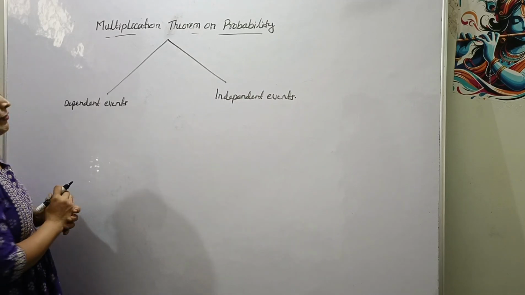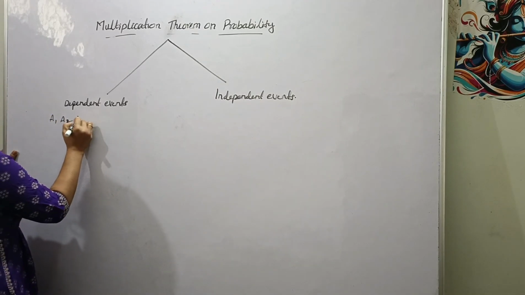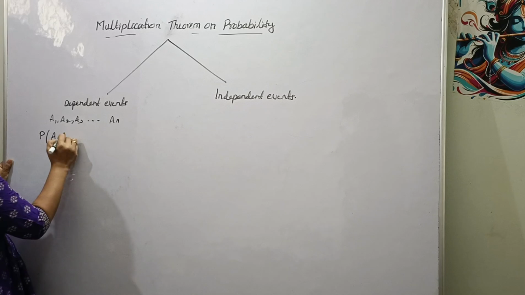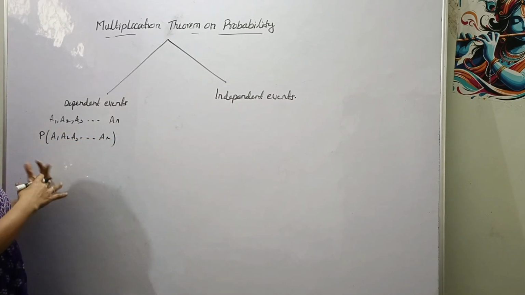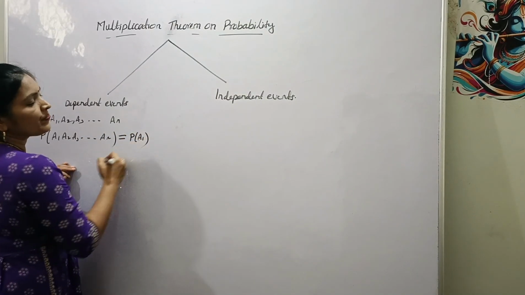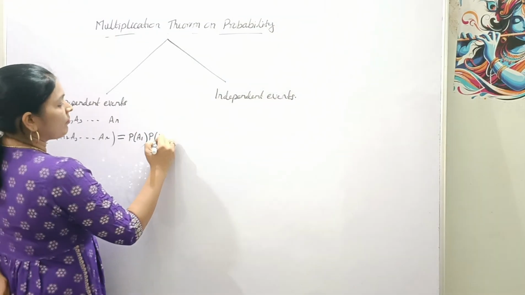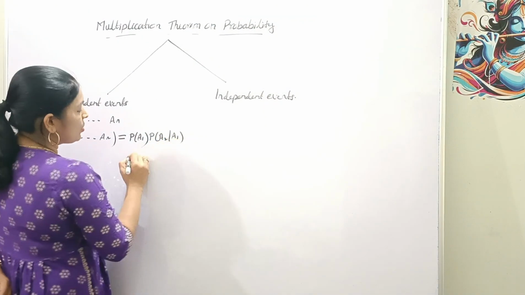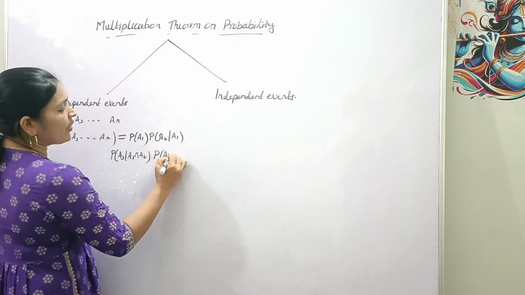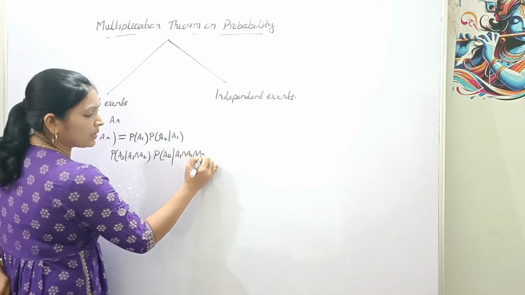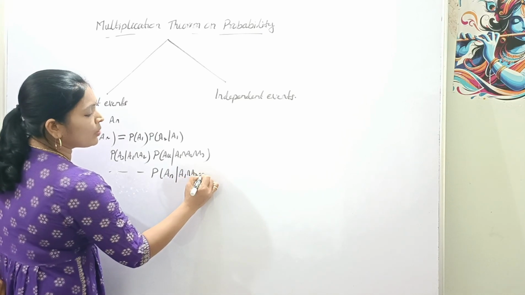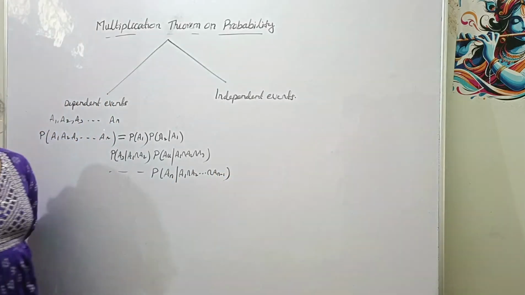If A1, A2, A3, etc., An are dependent events, then probability of A1 intersection A2 intersection etc. intersection An is equal to probability of A1 into probability of A2 given A1 into probability of A3 given A1 intersection A2 into probability of A4 given A1 intersection A2 intersection A3, etc., probability of An given A1 intersection A2, etc., intersection An minus 1.